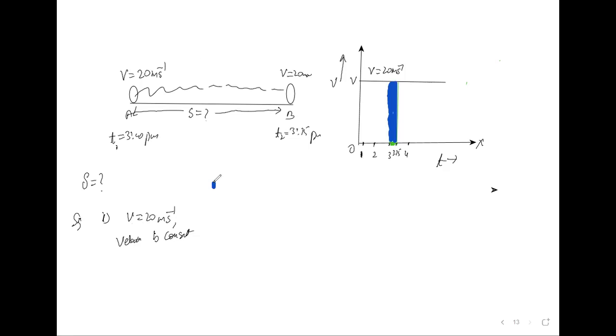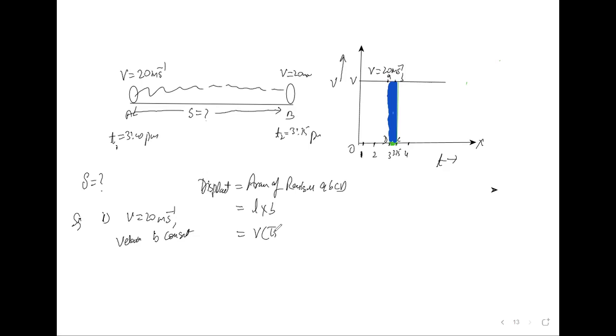So second point, for the displacement, the area of, naming it as A, B, C, and D, rectangle ABCD. So length into breadth. Length is, suppose that it is velocity, and the breadth is the time interval.